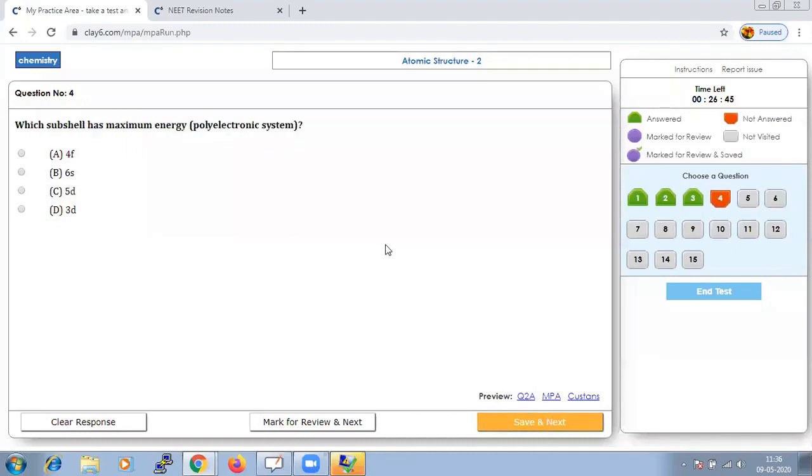Next question says, which subshell has the maximum energy? Which subshell will have the maximum energy?